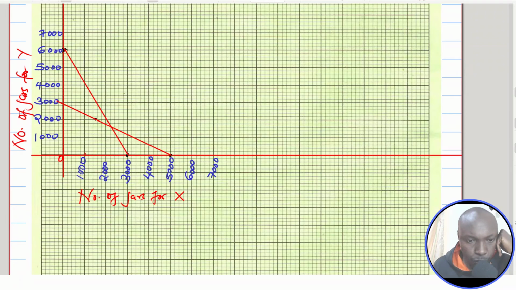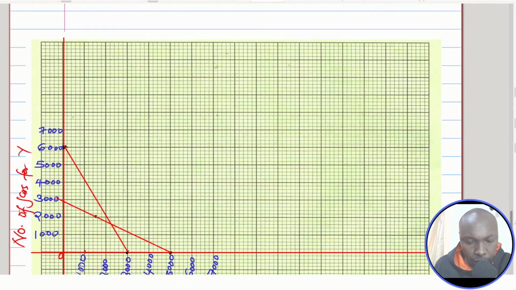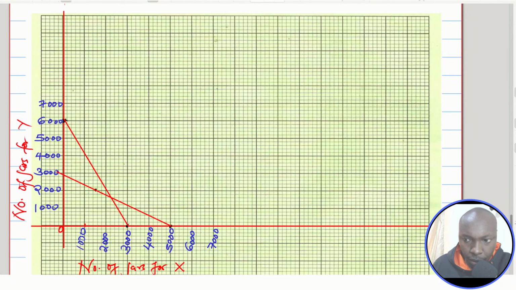Now we have the two lines. You can see them. So the first one is 2x plus y less than or equal to 6,000.